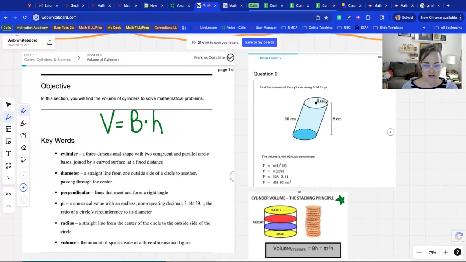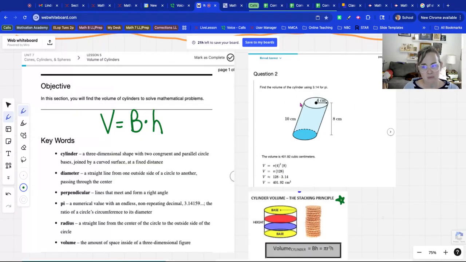You can imagine if you took cookies or Pringles or something or cut out circles of paper. It would have the area of pi r squared, right? And if you stacked them up, it would make a three-dimensional shape. So if we had one of those layers and it was 1 unit high, we can multiply by the height to get the full volume of that cylinder.